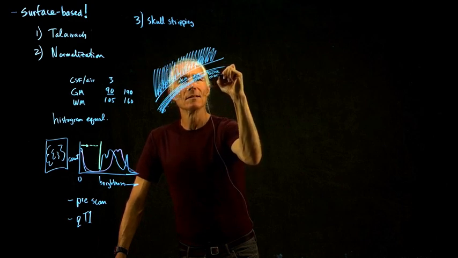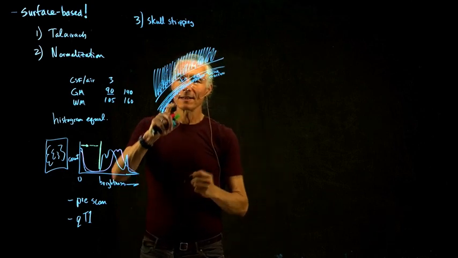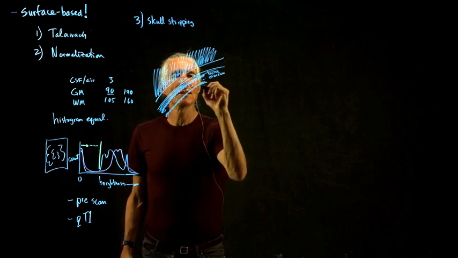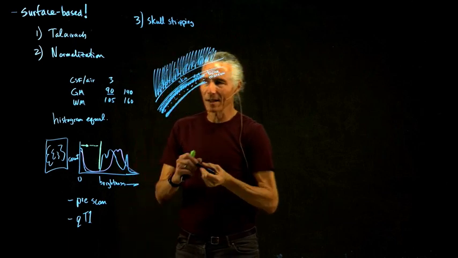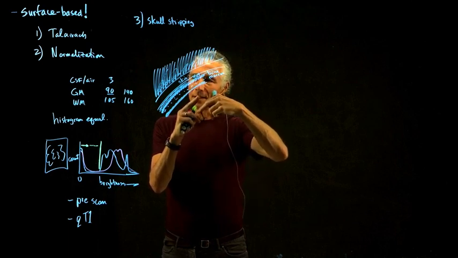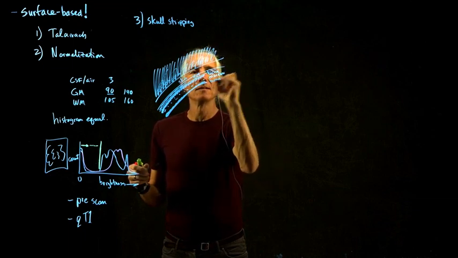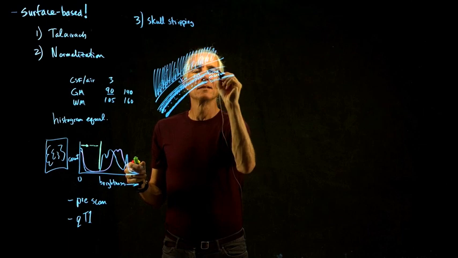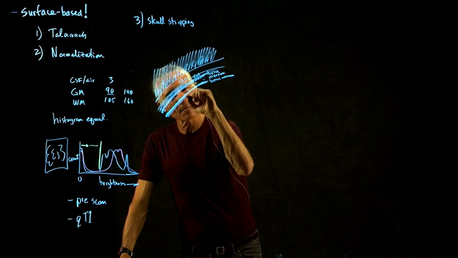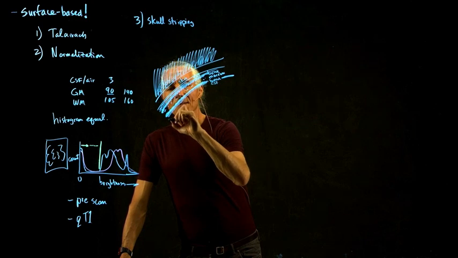There are some blood vessels and stuff in there, and that's a little lighter. And then you get out to the inner table of bone. So basically, your skull is like other bones. It's got a bony outer part, and then there are some blood vessels inside of it, and then there's another bony outer part on the other side. So here's more bone. And then there's some CSF, which unfortunately has the same color as the bone. So there's some CSF there. And then maybe there's a little dura.